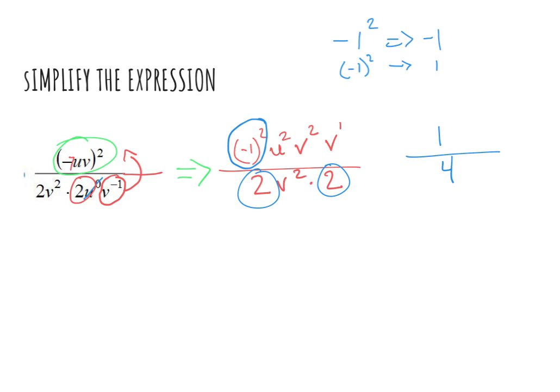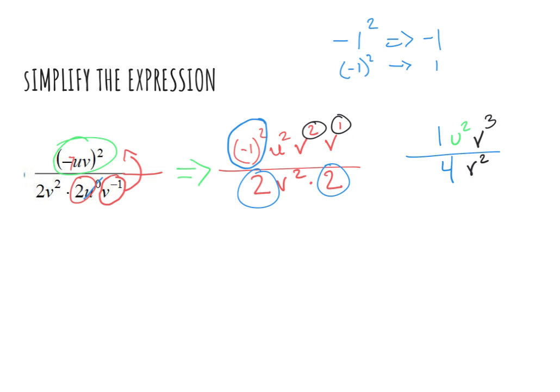Now I'm going to deal with my letters. So I'm going to multiply before I try and divide. So I have u squared and I have nothing else for u. And then I have v, same base, so I will add exponents. And then I have a v squared on the bottom. And then now I'm going to do my division, which means subtract exponents.